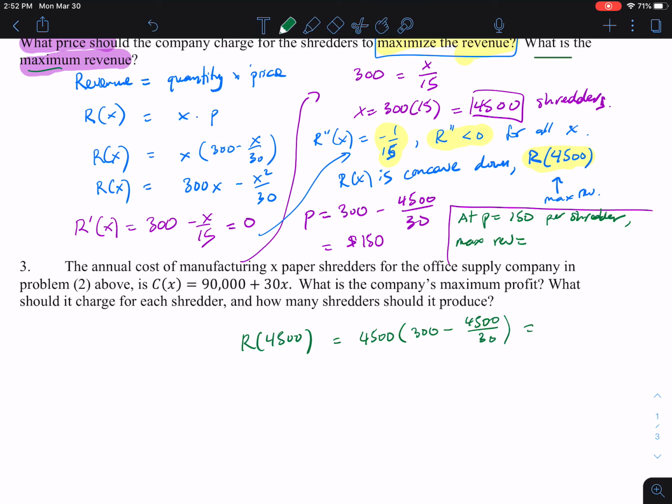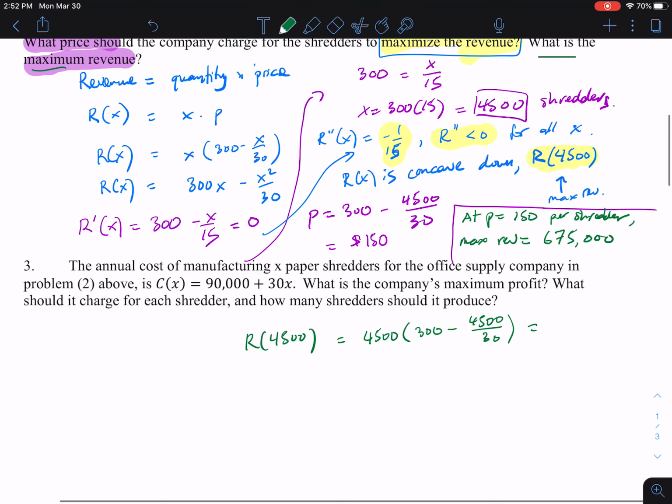Let's see here. So we got 4,500 divided by 30, and then subtract from 300, so that will give us 150 times 4,500. So 675,000. Okay, so I think my math was right. So this would be 675,000. Okay, so that would be the max revenue.